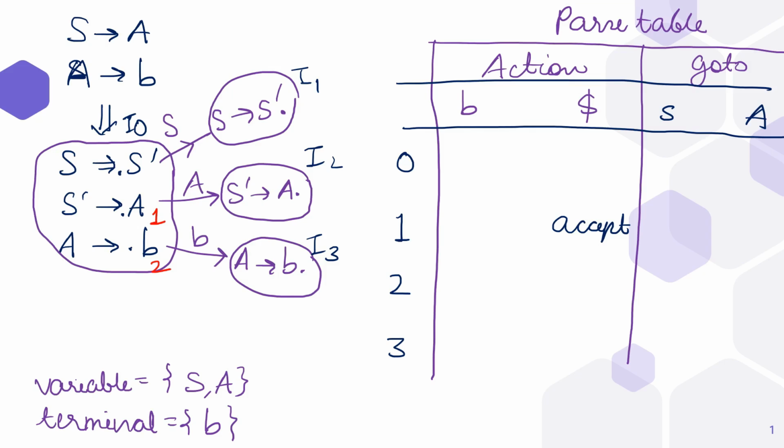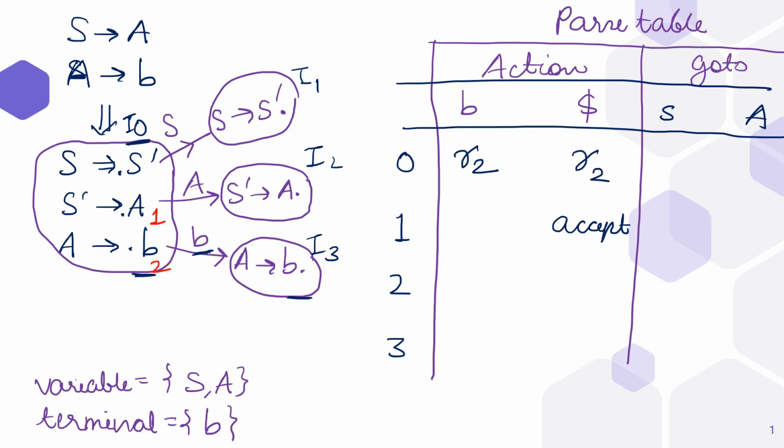Now we have to go step by step. You can see that I0 on reading B is getting reduced because it has completely been read. So we would write R2 here. Why R2? Because the production number is 2.